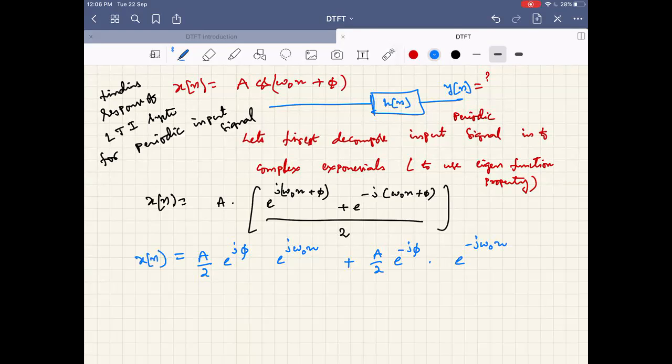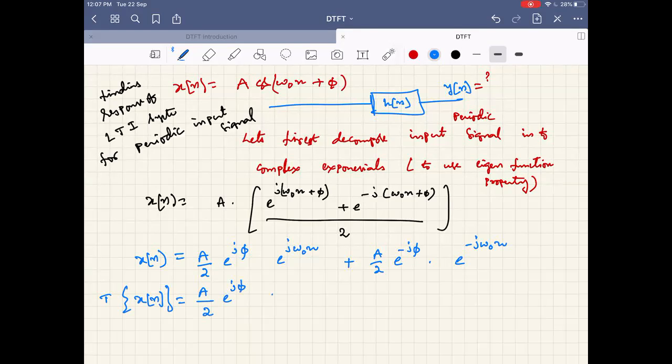Now I will apply the transformation on this x of n, because I know Fourier, like the complex exponential, has the eigenfunction property. The constant, when I apply any transformation, remains a constant. I will take it out.